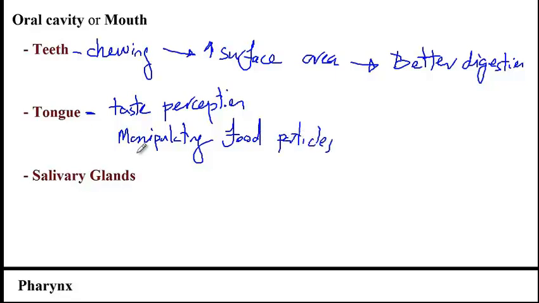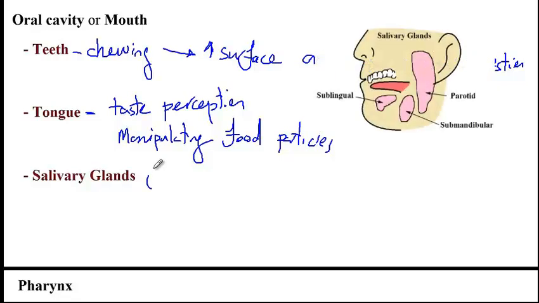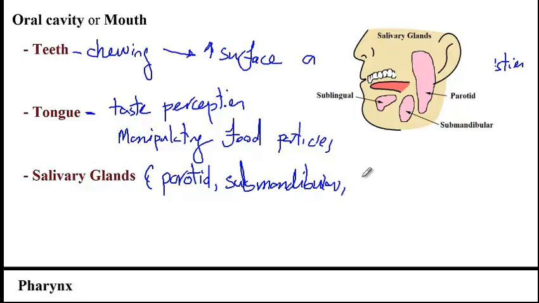And then we also have the salivary glands, which include, for instance, the parotid, submandibular, which, as the name implies, is under your mandible, and then sublingual, which is under your tongue.